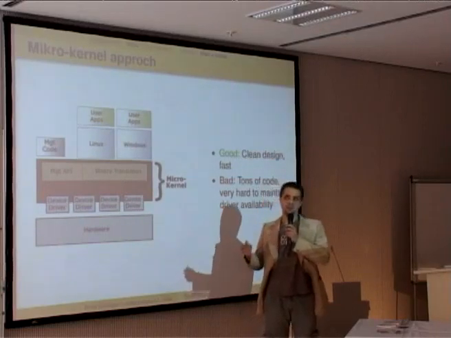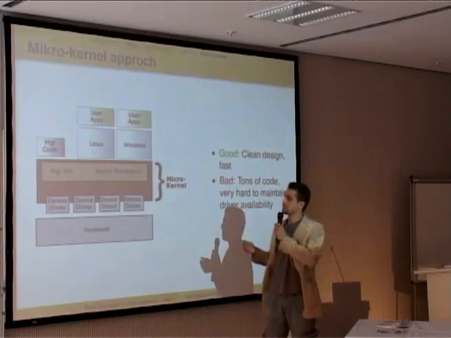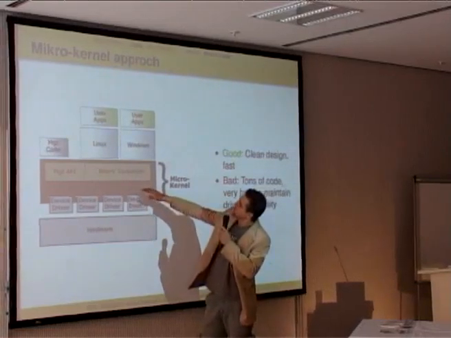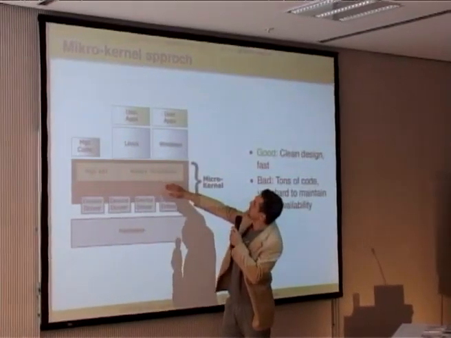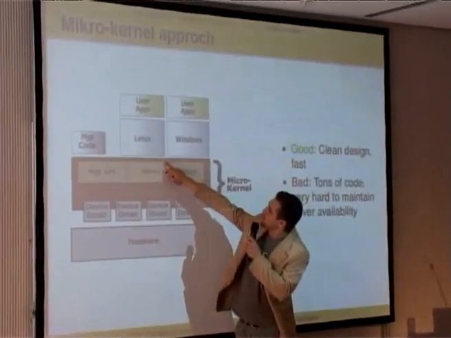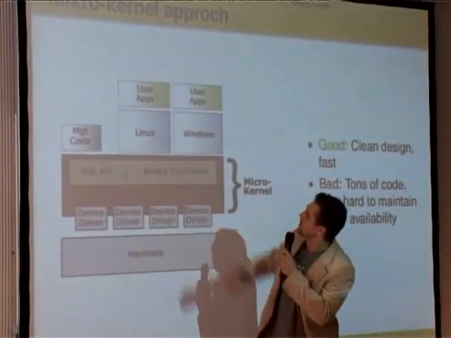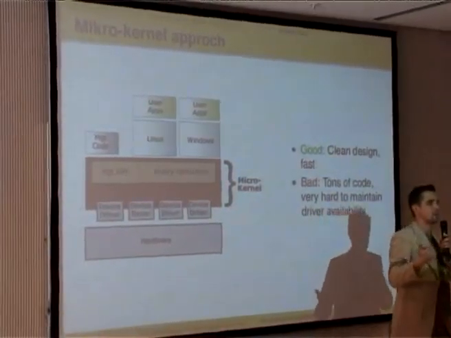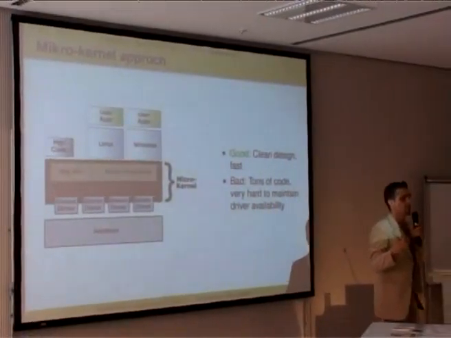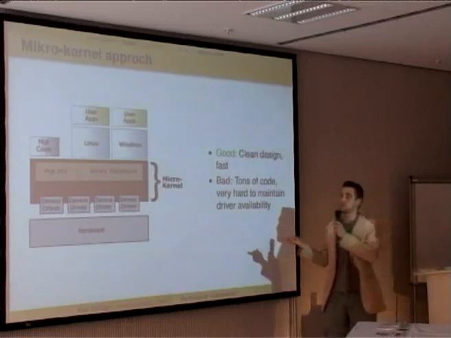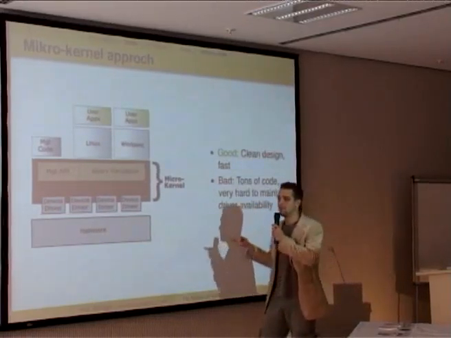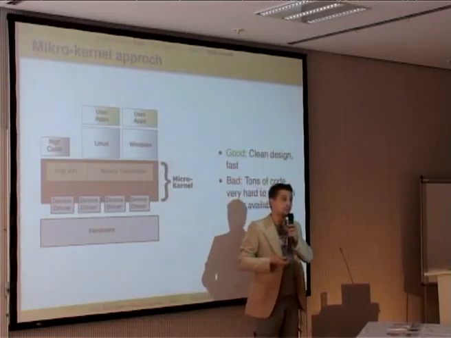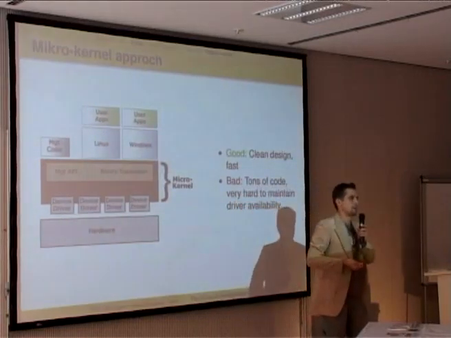But basically, it's good and it's easy. So you have here, it's probably a little bit unclear, but in this case you have at least two translation APIs, one translating from Linux syscalls to the microkernel and one translating from Windows syscalls to the microkernel. Well, it's a very clean implementation.